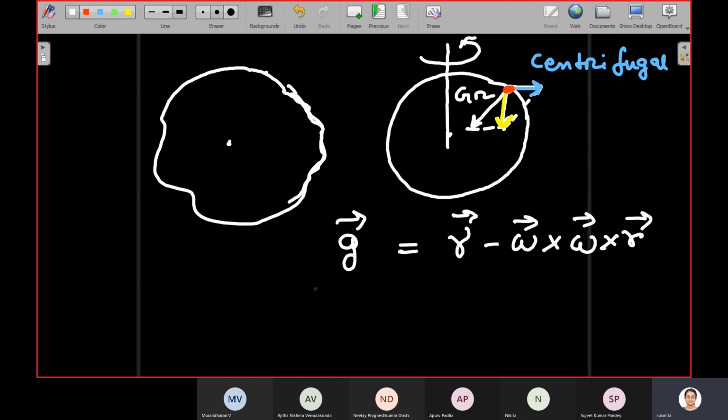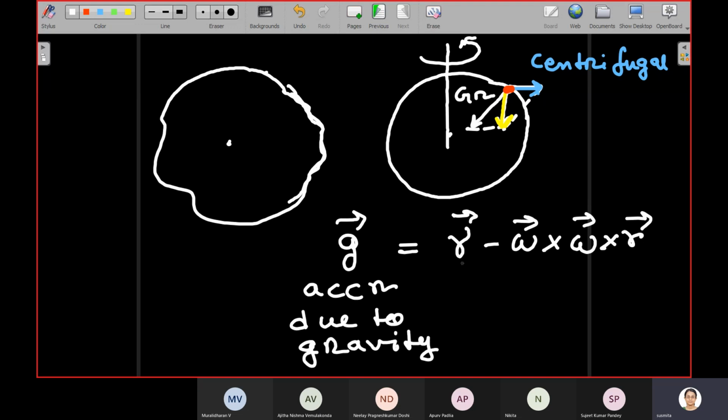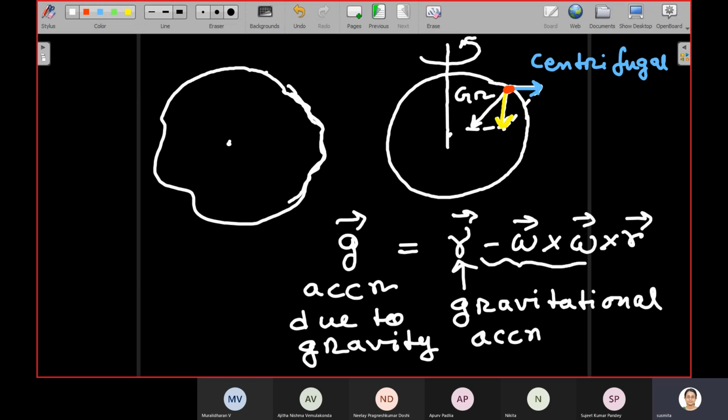This is actually acceleration due to gravity. This is gravitational acceleration. And this one is centrifugal.